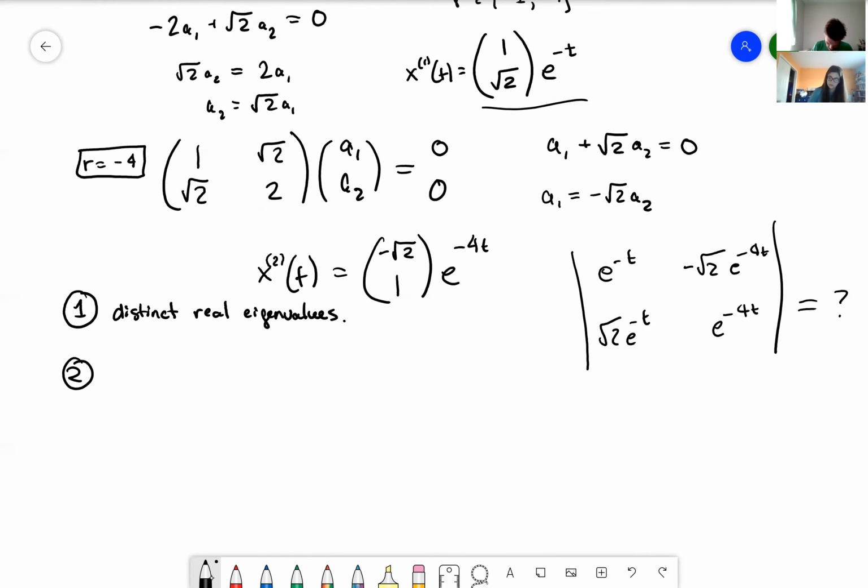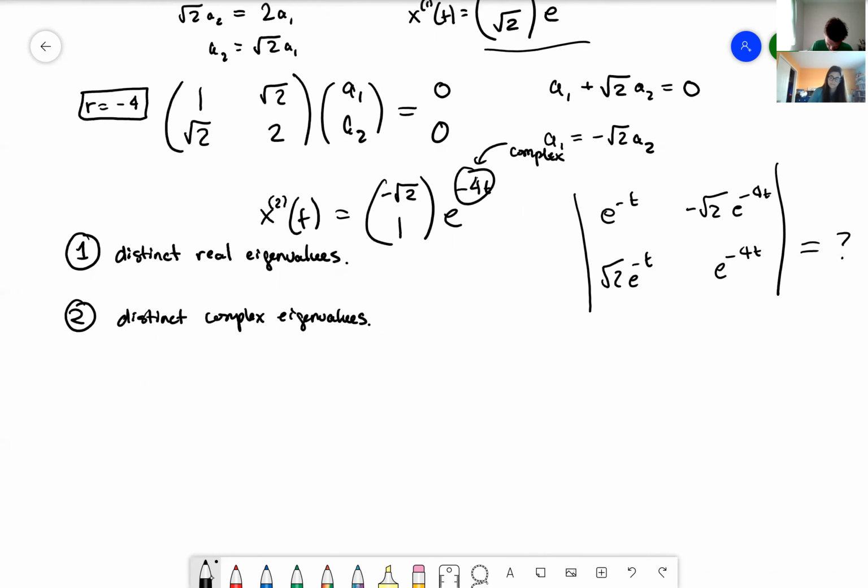The next possible place where this could go wrong is we're going to say still distinct, but complex eigenvalues. And so we've actually seen what happens if we, instead of having a real value here, we plug in a complex value into an exponential. We end up with sines and cosines, right? We've seen that before. We end up with oscillatory solutions.